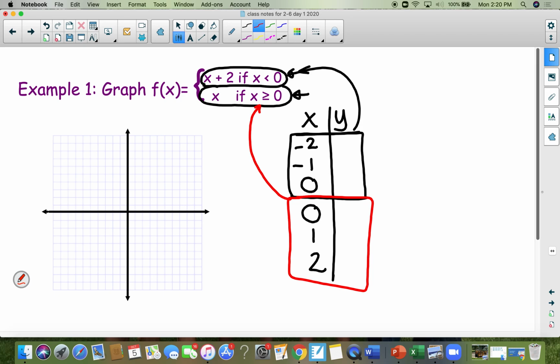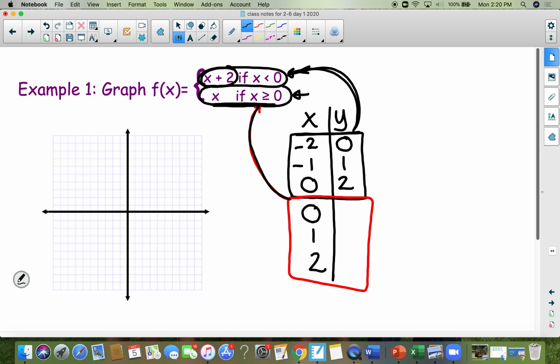So when you plug a -2 in, which equation do you plug a -2 in? You need to plug it into this equation right here. A -2 plus 2 is 0. You also need to plug a -1 up into that equation, which is 1, and you also have to plug a 0 up there, which is 2. Okay, the next one is you need to plug, in place of all the x's, into this equation now.